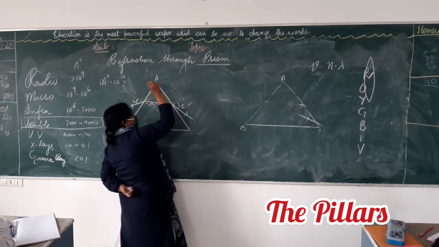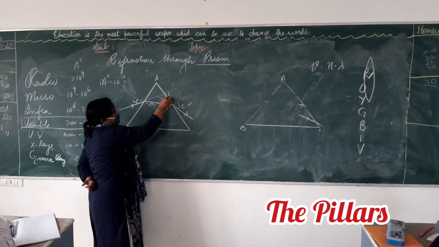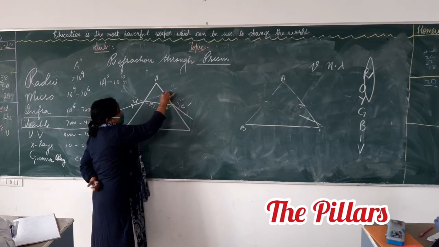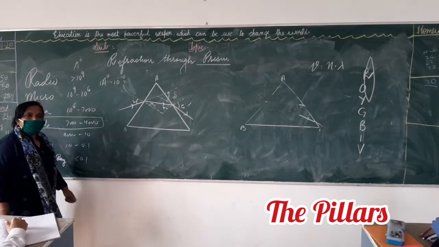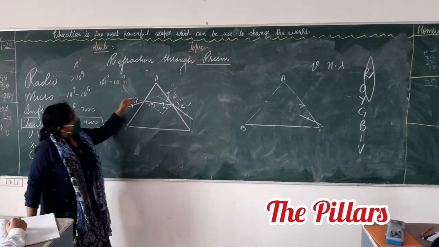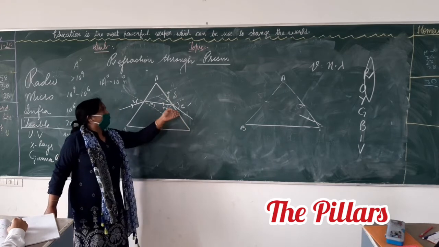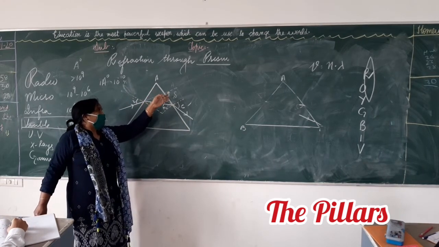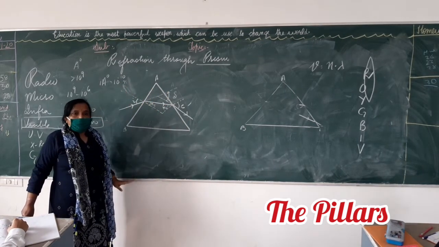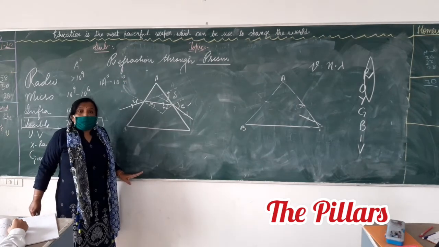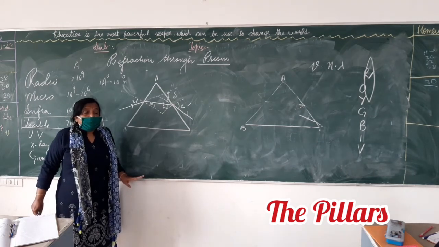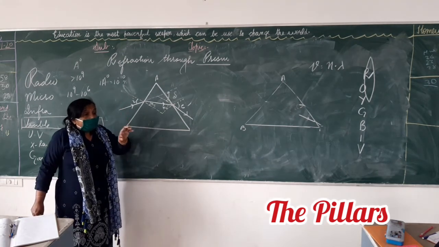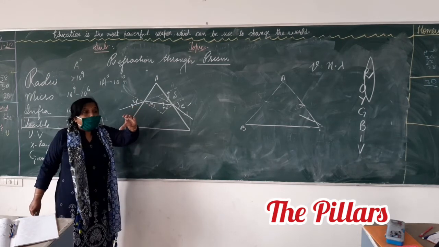See, this is called angle of deviation, delta. The angle between the incident ray and the emergent ray is called angle of deviation. To what angle has any light ray deviated? In a glass slab it is only a lateral shift, where the emergent ray is parallel.